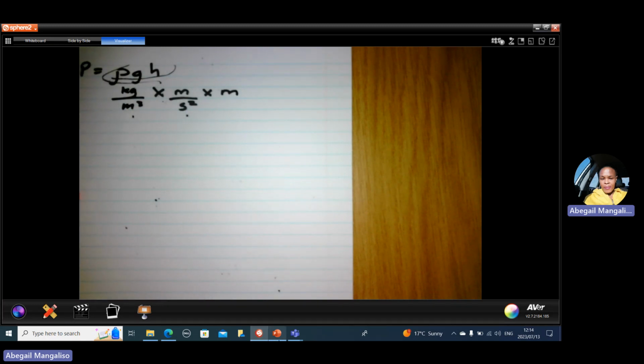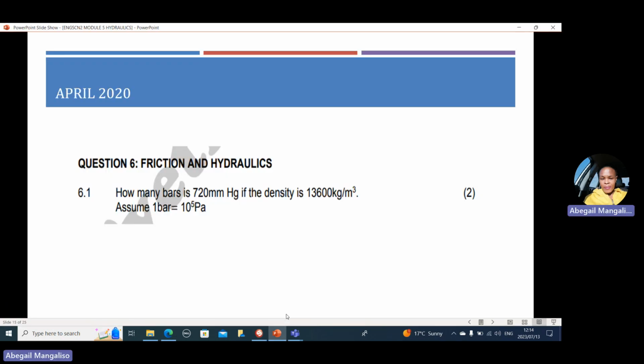Now let's go back to that question. How many bars is 720 mercury? The height of the mercury is 720 millimeter Hg, and the density of mercury is 13,600 kg per cubic meter.